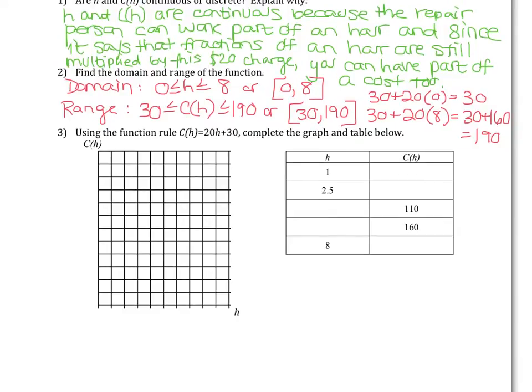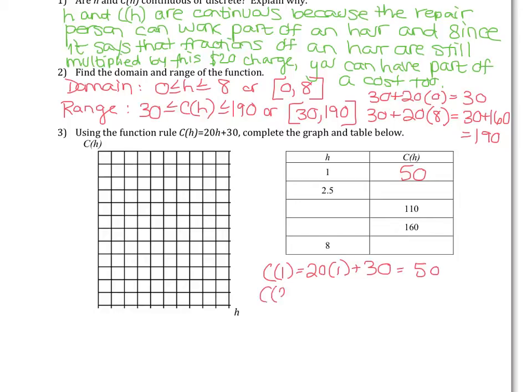Finally, we're going to use this function rule, 20h plus 30, to complete the graph and the table. Let's start with the table. We know that C of 1 is going to be 20 times 1 plus 30, which is 20 plus 30, which is 50.